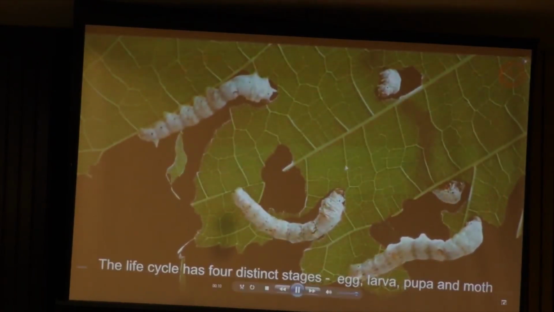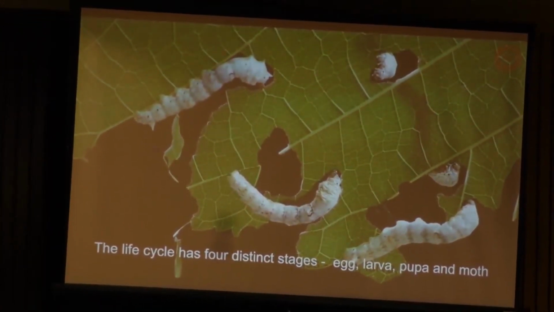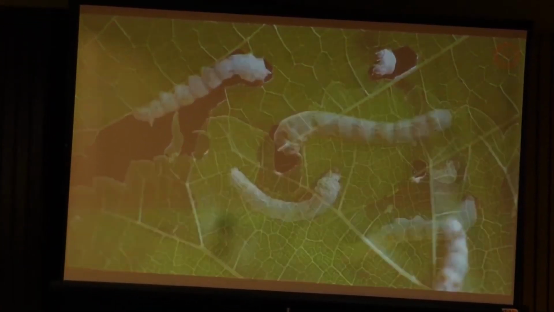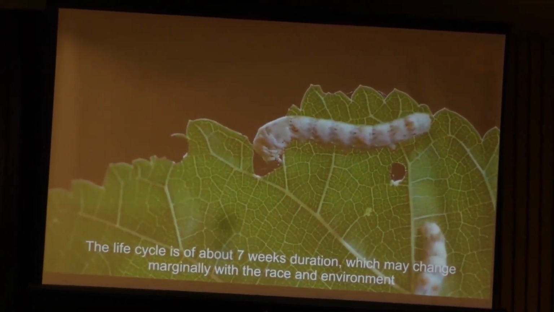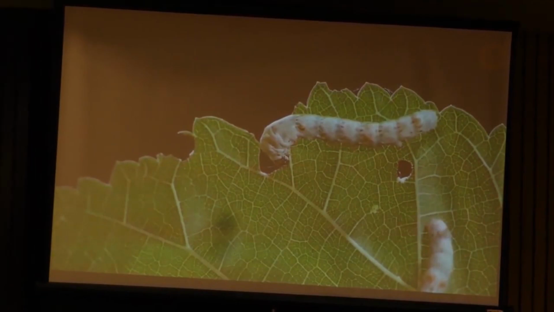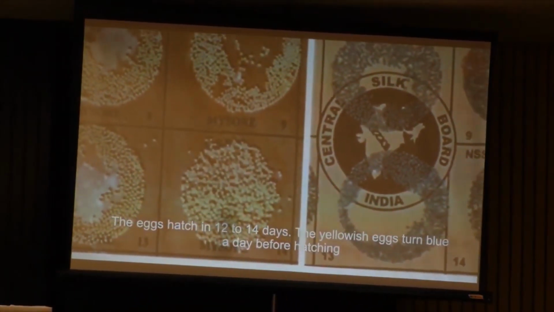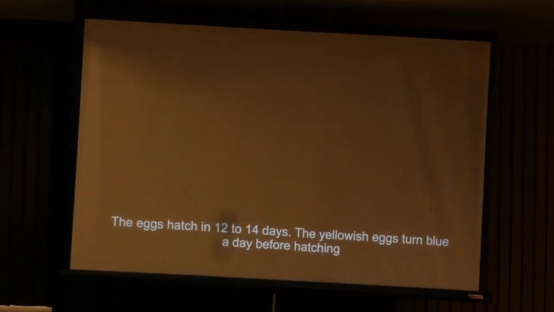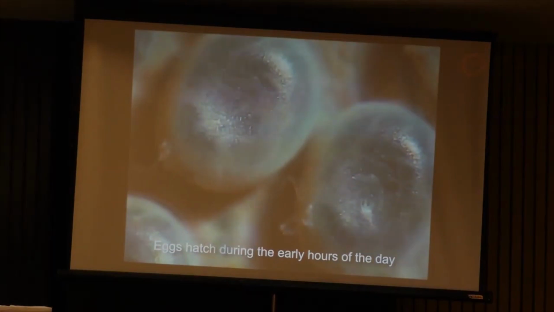Silkworm's life cycle has four distinct stages, namely egg, larva, pupa, and moth. The life cycle is of about 7 weeks duration, which may change marginally with the race and environment. The eggs hatch in 12 to 14 days. The yellowish eggs turn blue a day before hatching. The eggs hatch during early hours of the day.